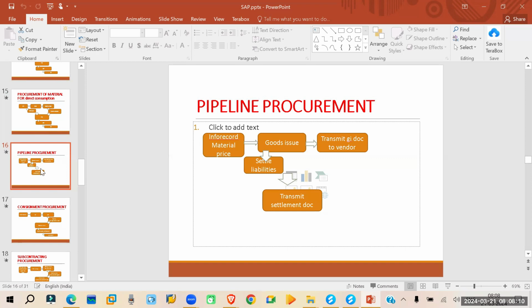The government has decided a price for 50 units, 100 units, 200 units. As per the decided price, the government will send you an invoice saying you have consumed this many units of electricity, and you have to pay this amount against this consumption quantity. Okay, understood?